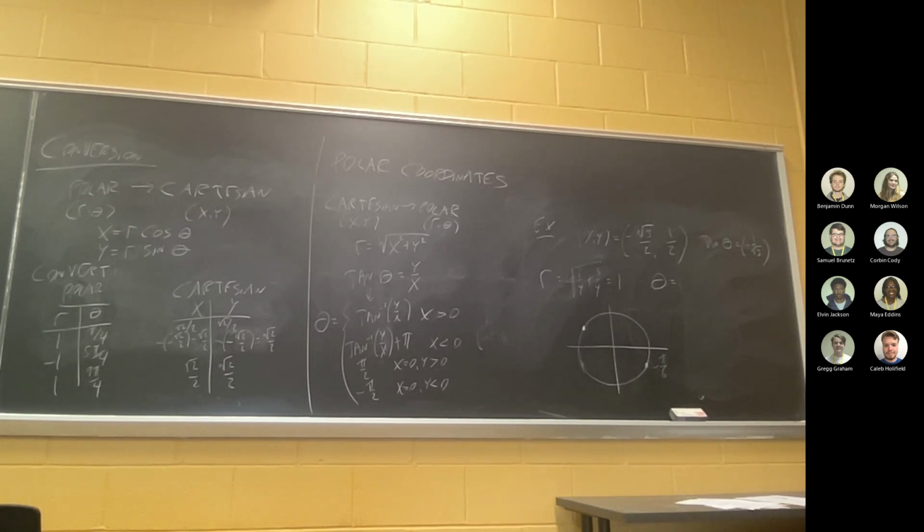Is it 5 over 3? Yeah, it is 5 pi over 6. You get minus pi over 6 from inverse tangent, then you add pi to that, and you get 5 pi over 6.